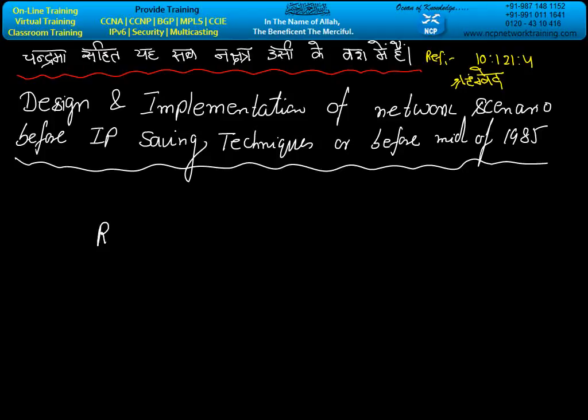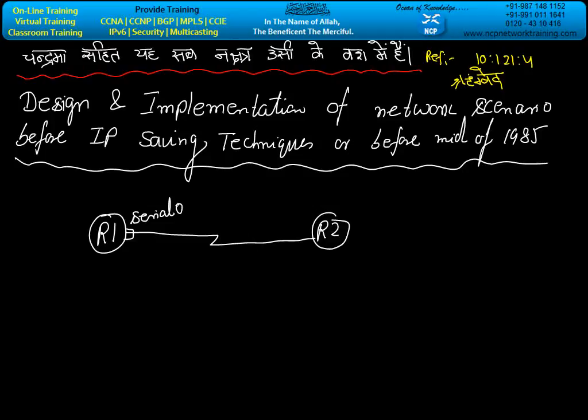We have two routers, R1 and R2. These two routers are connected via serial link, and that is the serial port. In the lab we will discuss what is the serial port, what is the Ethernet and fast Ethernet, what is the console port.